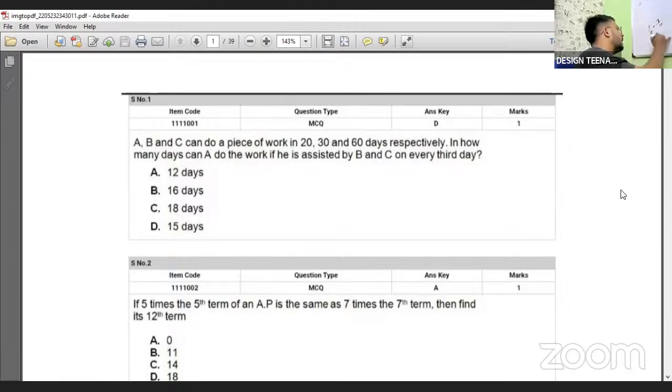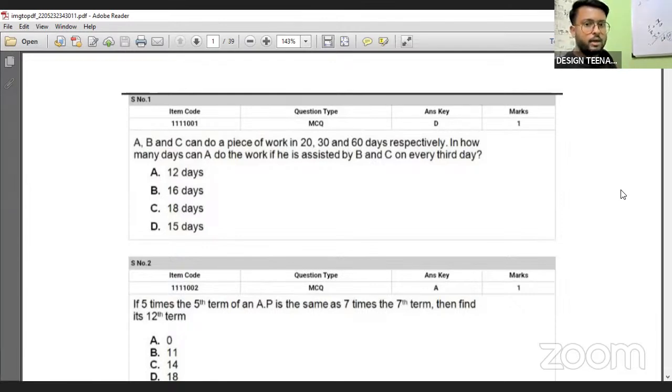The outcome which we get is 3x by 60. See, x by 30 plus x by 60 I am doing over here. I know it's kind of inverted. So 3x by 60 is the outcome. Hence, it is x by 20 is the amount of work.